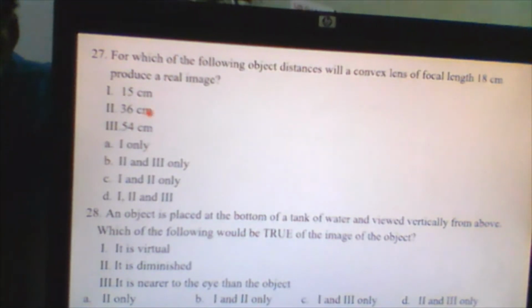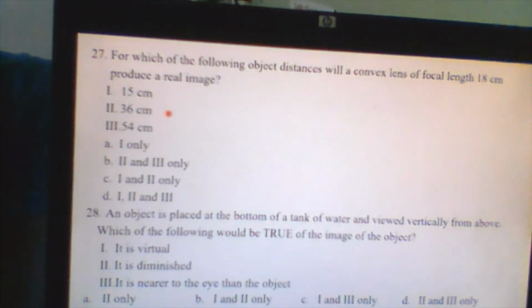At 36, that means the object is at the second principal focus. And that actually creates a real image, and that real image is the same size as the object.